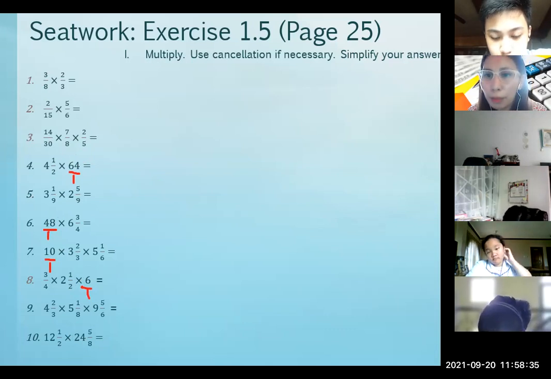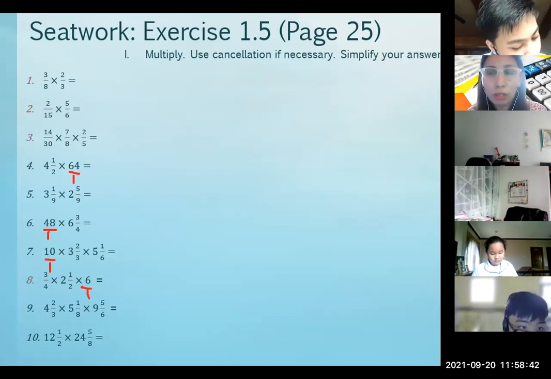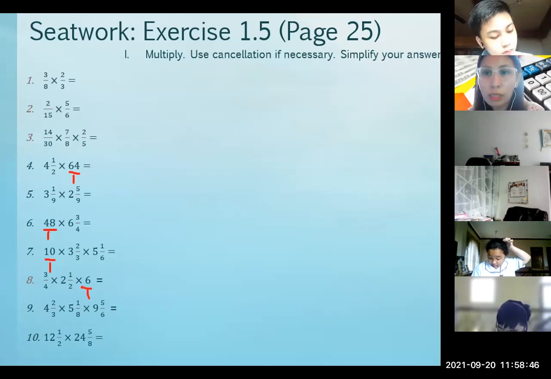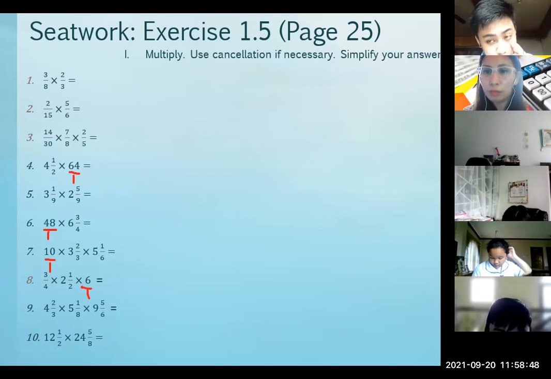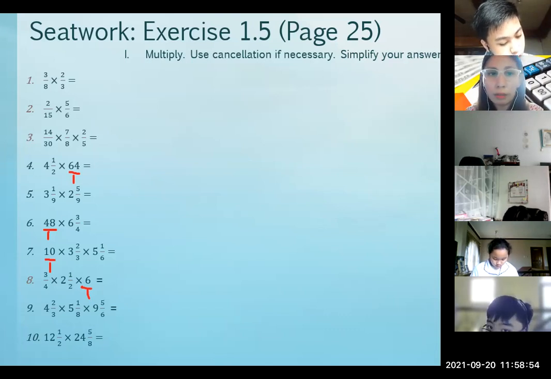Again, all mixed numbers should be converted to improper fraction. And all whole numbers, you can put over 1 below it.